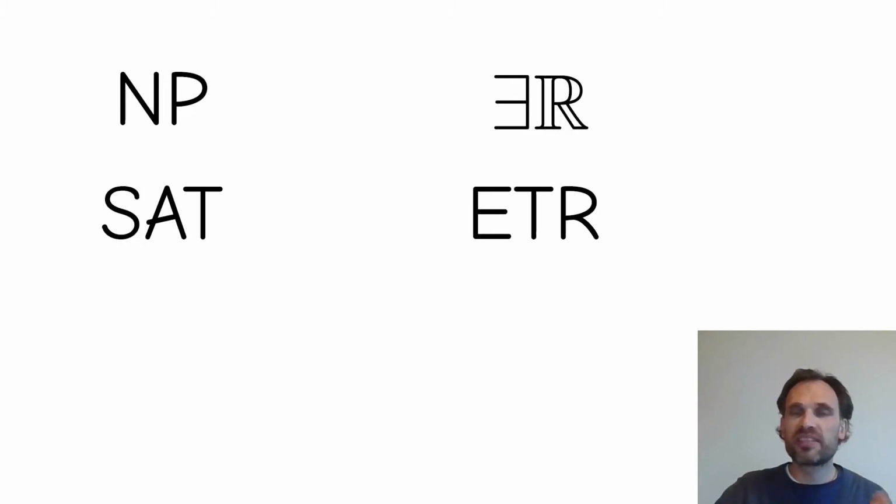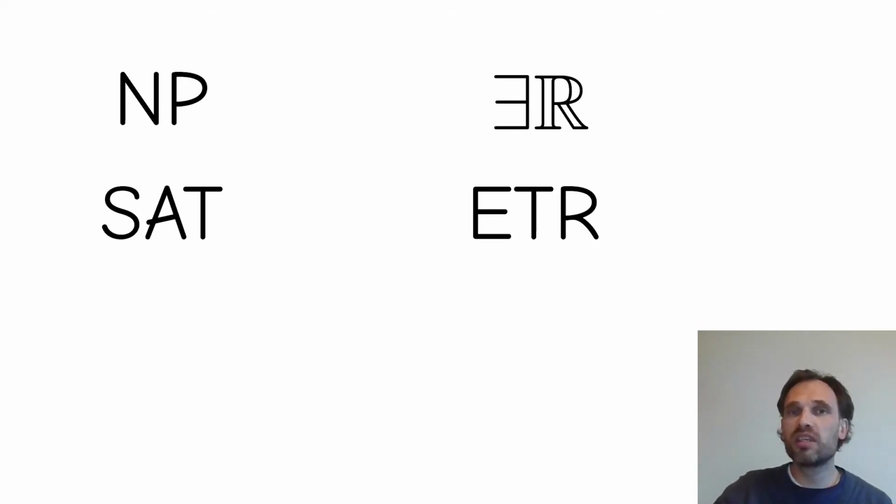Okay, so the same way that you could define NP in terms of satisfiability, ETR could be defined in terms of ETR, which stands for existential theory of the reals. The complexity class and the problem that defines this are named the same. We have different symbols for them, but we give them the same name.